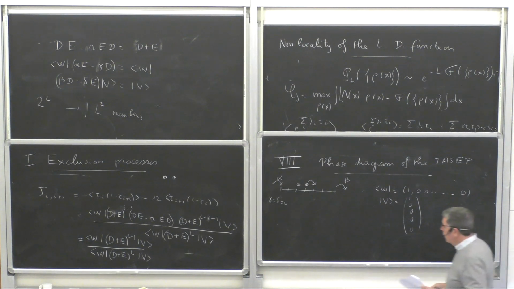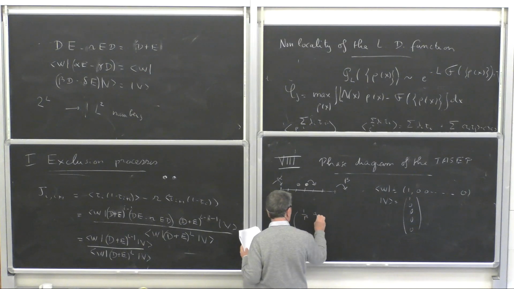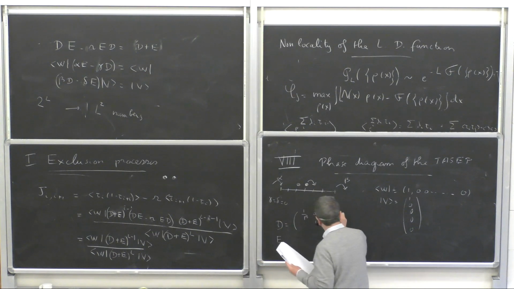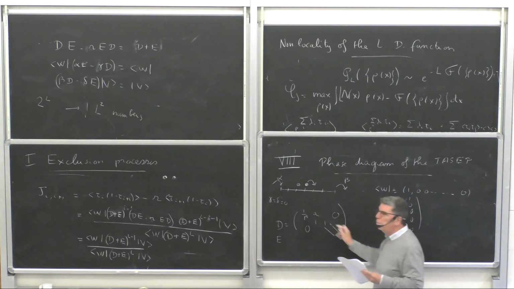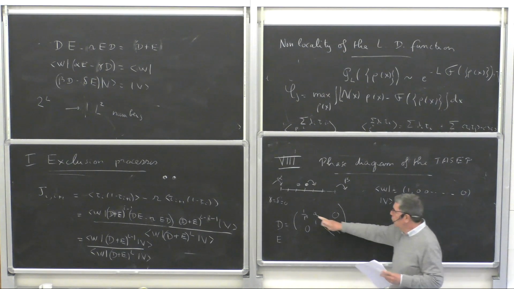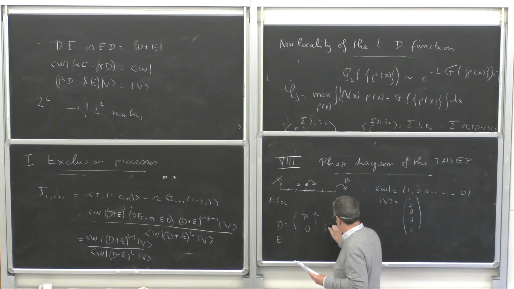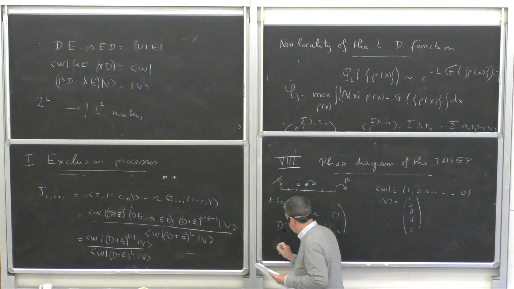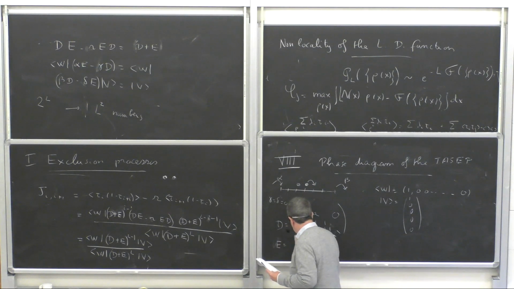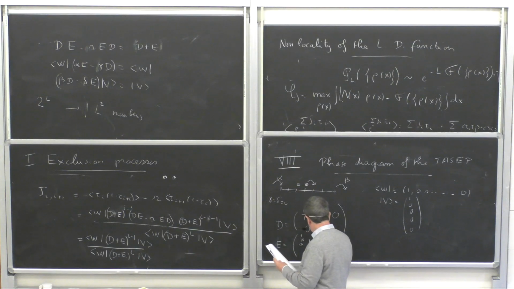The matrix D and the matrix E are given by 1 over beta A, then you have only ones. It's a bidiagonal matrix, so only the first line is special; everything else is 1. And E is also bidiagonal. It's 1 over alpha A, and then 1, 1.